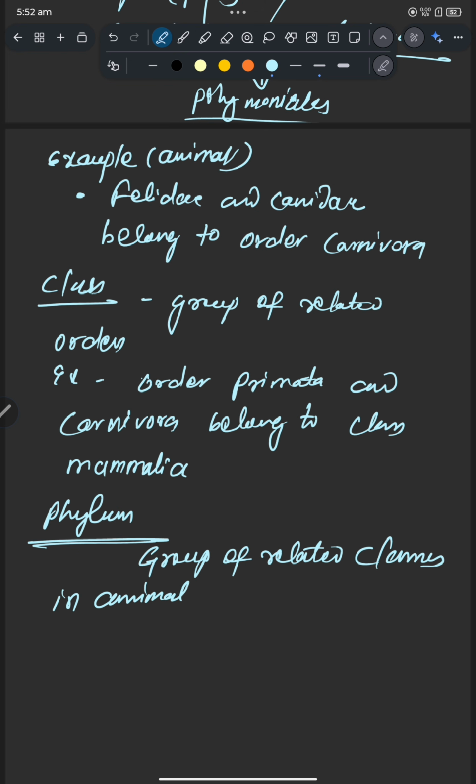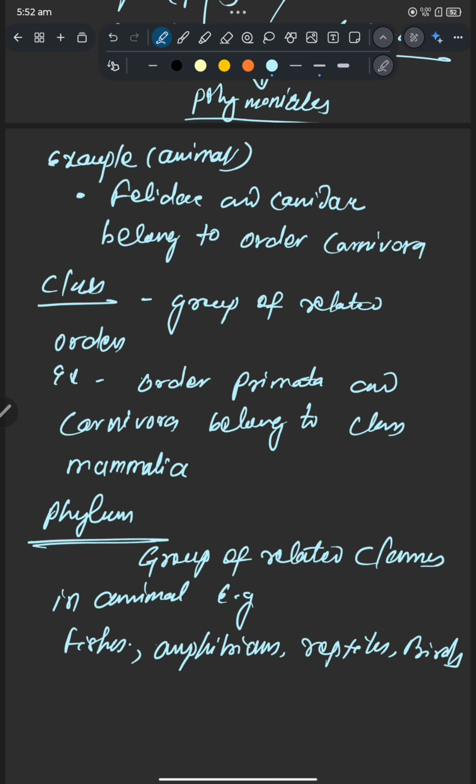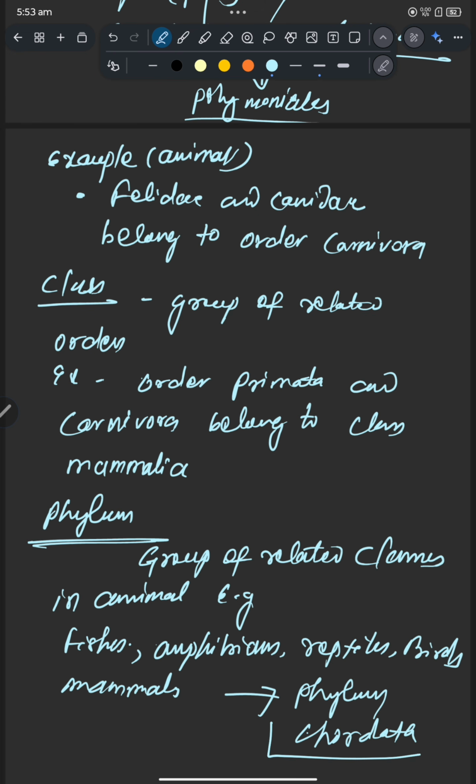For example, fishes, amphibians, reptiles, birds, and mammals belong to phylum Chordata.